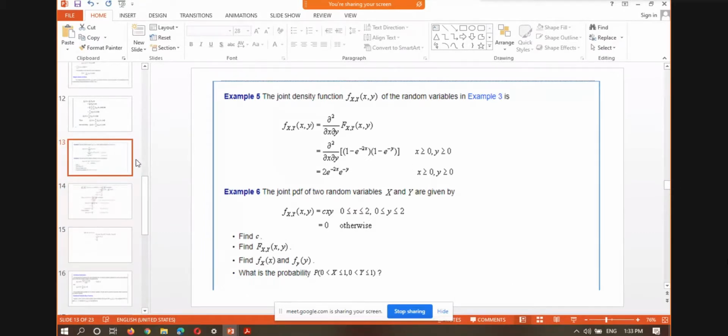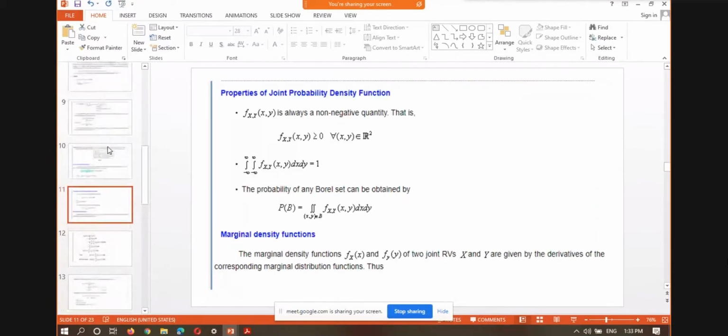So in this problem, we have to calculate the joint density function f of xy from the joint distribution function. If you remember, example 3 is this one.